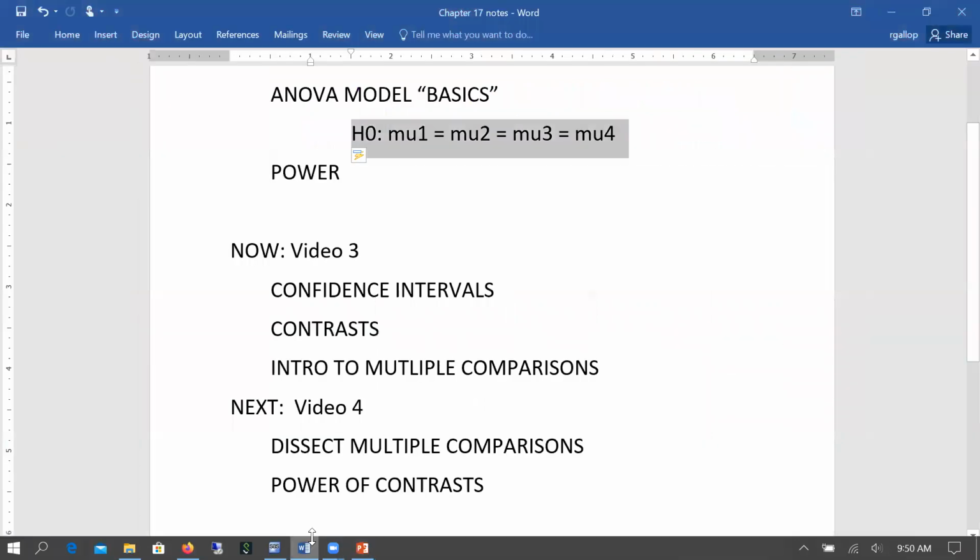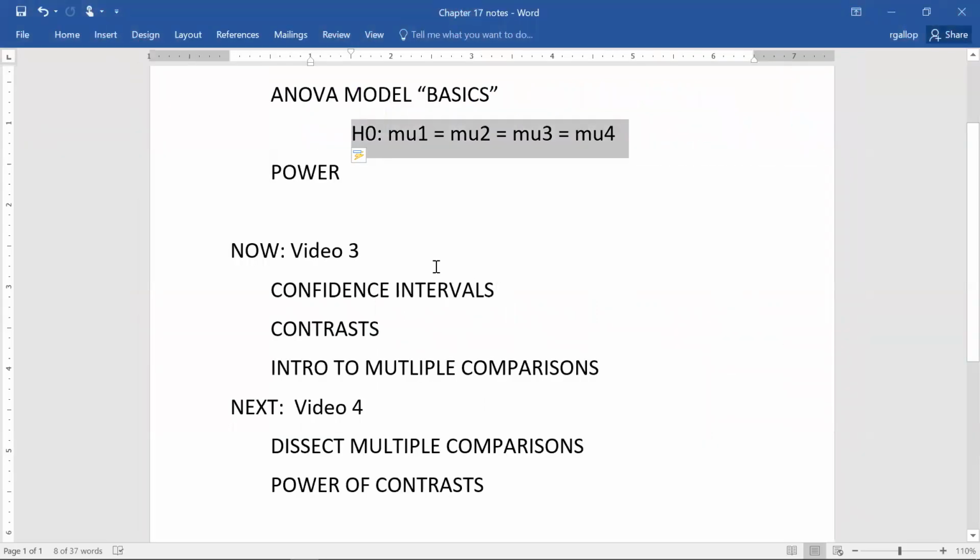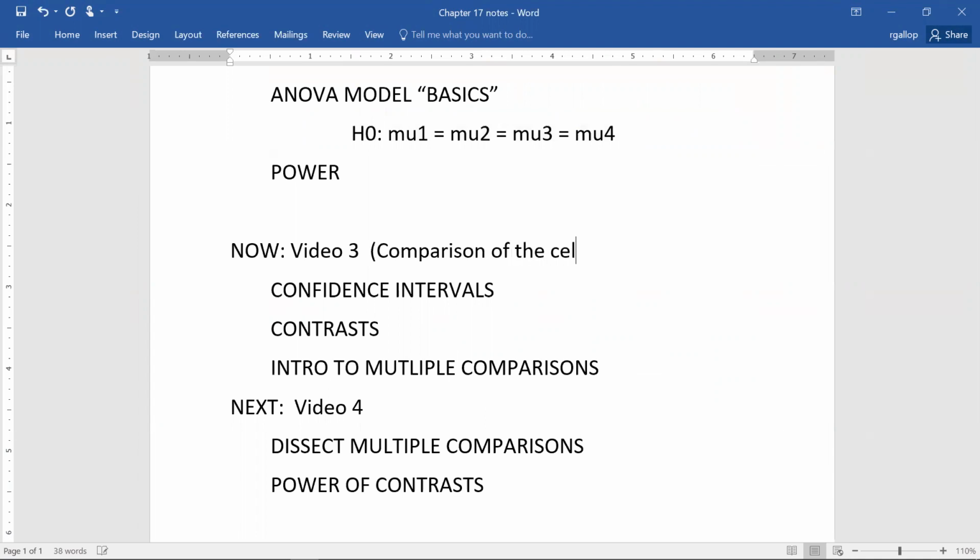If I go back to the Word document, the 3 approaches are really looking at the comparison of the cell means. And we're going to do it through the confidence interval approach, a formal contrast. We already gave this layout in the intro to multiple comparisons.